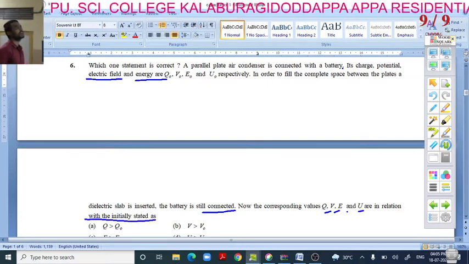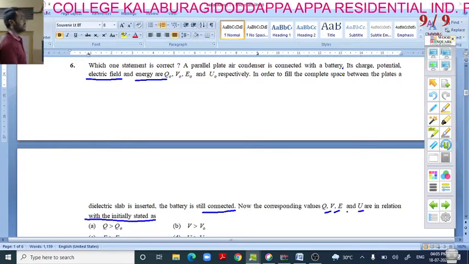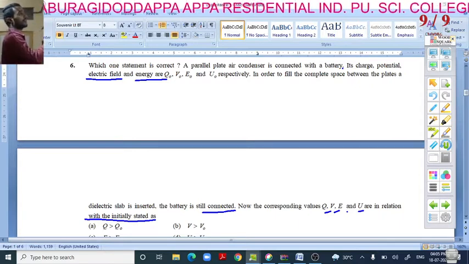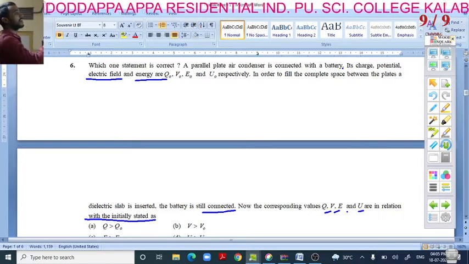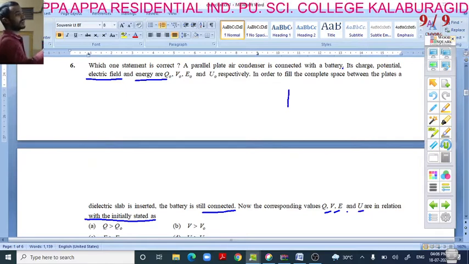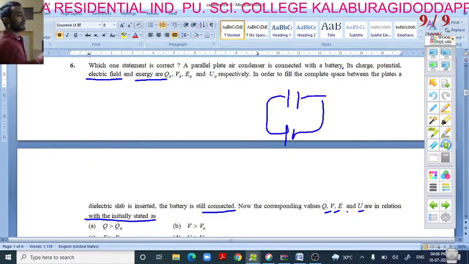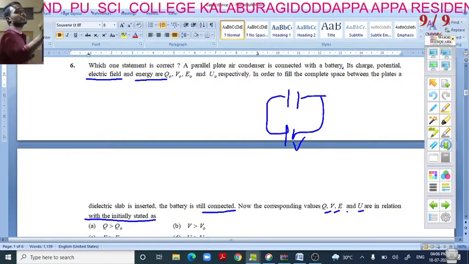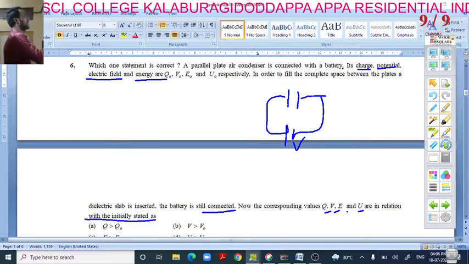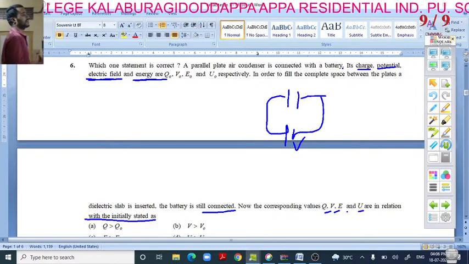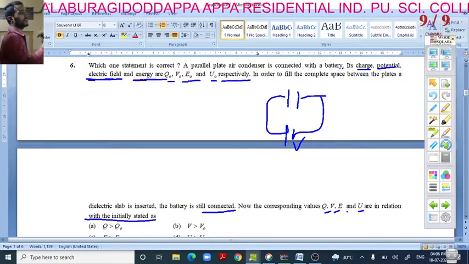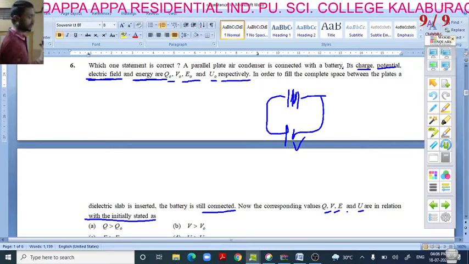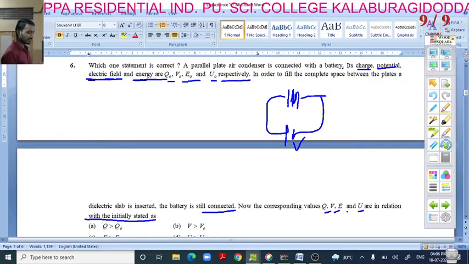You try to understand. He is asking which one statement is correct in the given options, and he has given the question. A parallel plate air condenser is connected with the battery. Its charge, potential, electric field, energy, respectively he has given here. In order to fill the complete space between the plates, a dielectric slab is inserted.